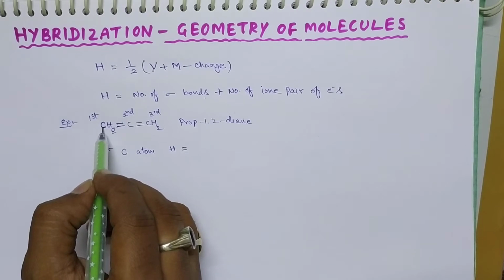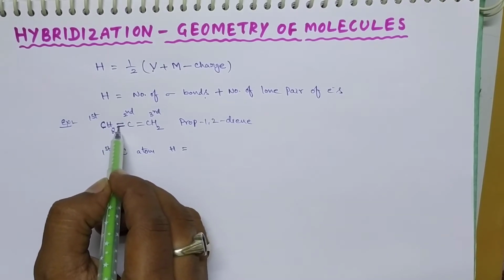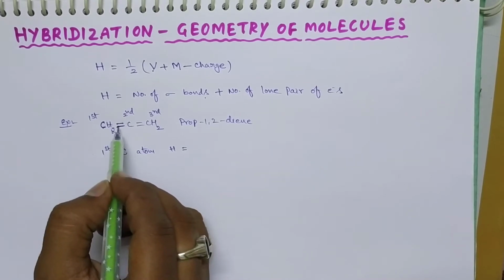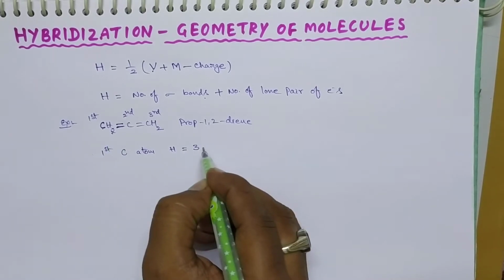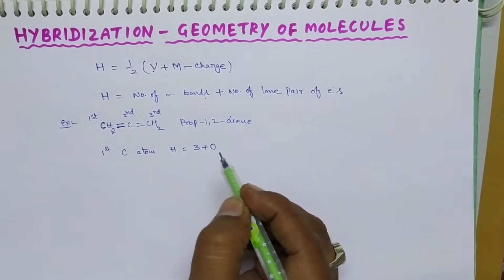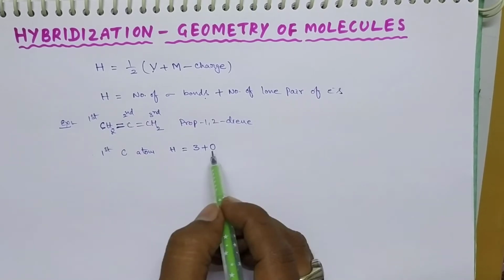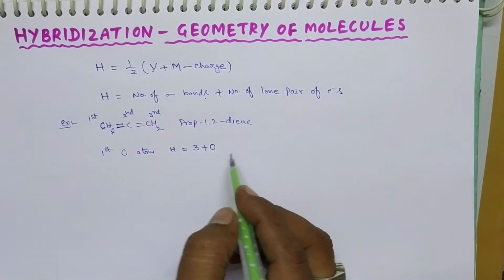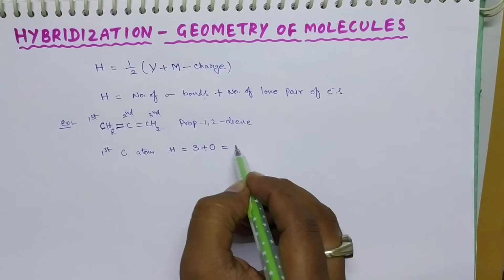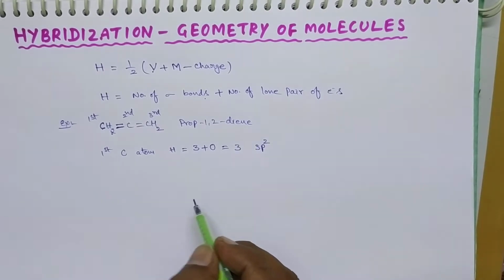So around this carbon there are 2 sigma bonds with 2 hydrogen atoms and 1 sigma bond with the other carbon atom. That's why there are 3 sigma bonds, and the number of lone pairs of electrons for carbon is 0. The valency of carbon is 4, carbon forms 4 bonds, so there is no lone pair of electrons. So the sum will be equal to 3, and the hybridization will be sp2.